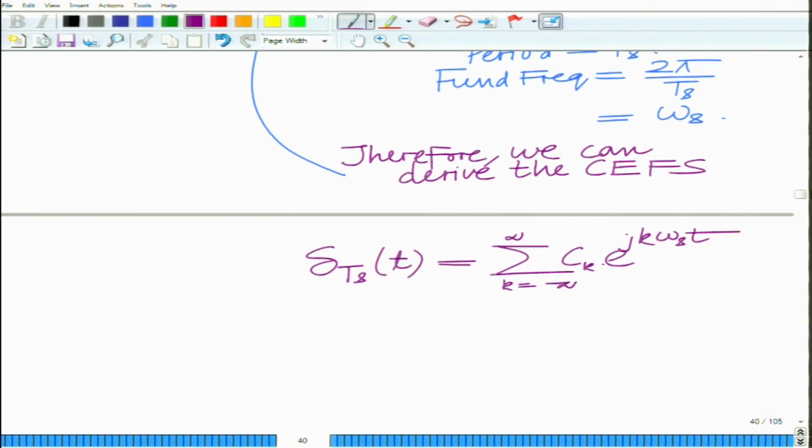That is basically a linear combination of an infinite number of sinusoids, harmonics at multiples of the fundamental frequency, that is k omega s. Okay. And we can derive these coefficients Ck of the complex exponential Fourier series, and from that one can derive the resulting spectrum of the sampled signal.